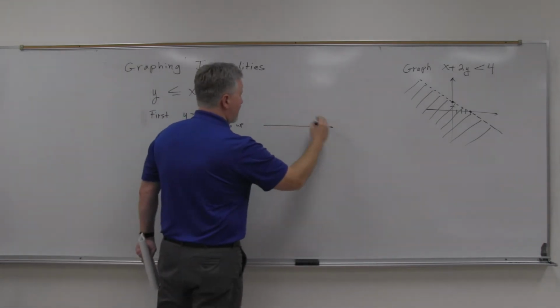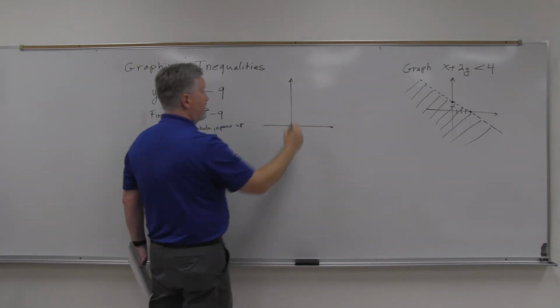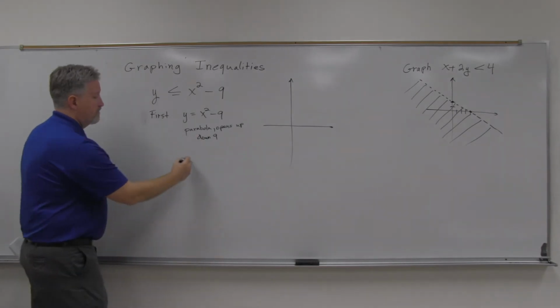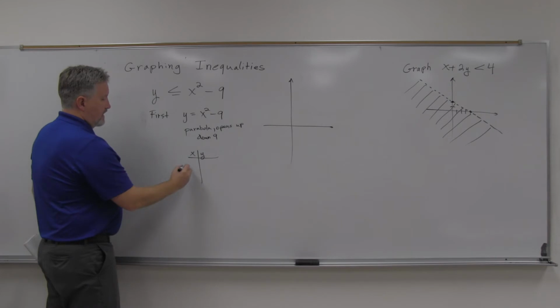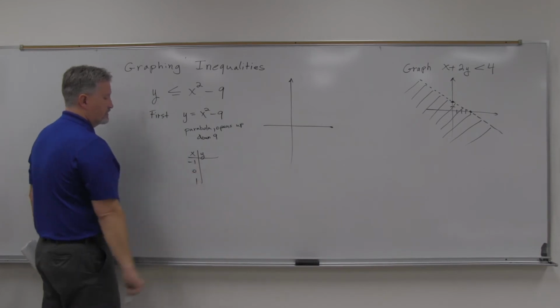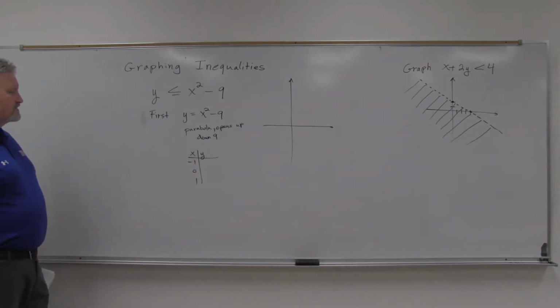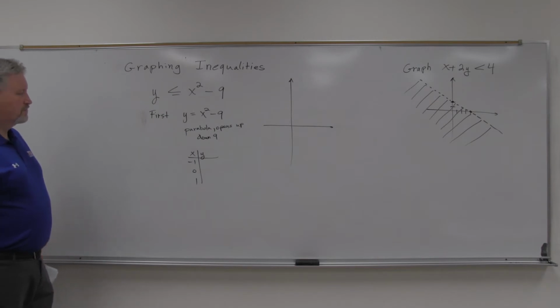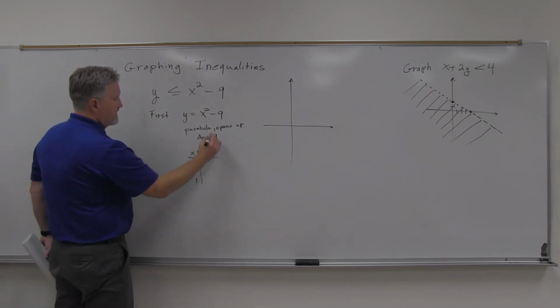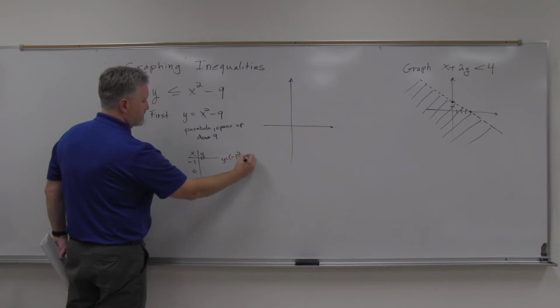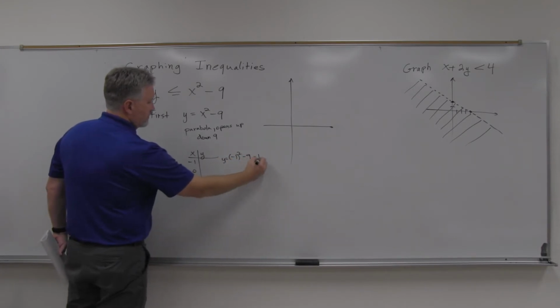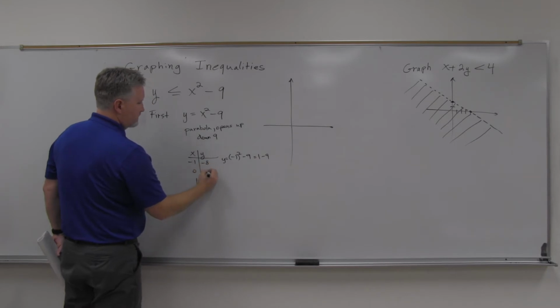Now what I probably would recommend to get width and all that good stuff is to do at least a couple of points. This is just shifted down 9. These three should suffice. If x is -1, then we would have y is -1 squared minus 9, so that's 1 minus 9, that's -8.